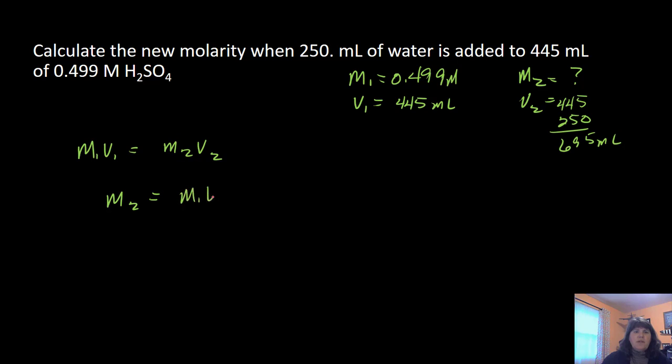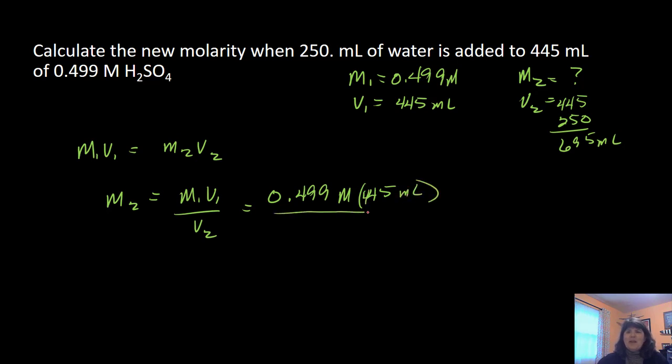M1V1 over V2. So M1 is 0.499. We should really put units in there. V1 is 445 milliliters divided by 695 milliliters. Milliliters drop out. Okay, let's give it a go.